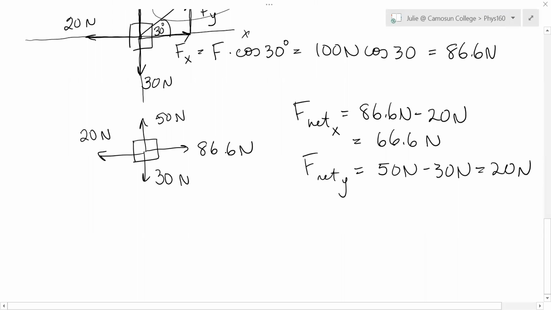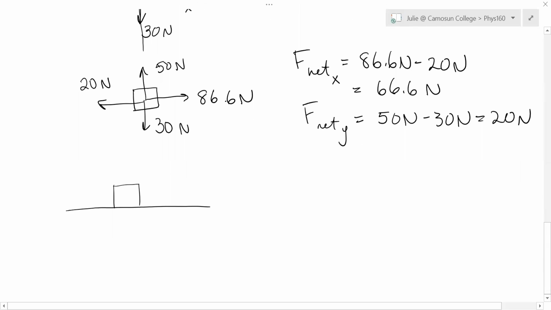Now, let's do a little bit more complicated one. What if we were told that a box is sitting on a surface and somebody is pulling up on this box with a force of 20 newtons, and the force of gravity on the box is, say, 60 newtons.